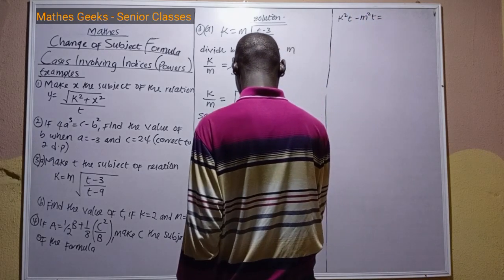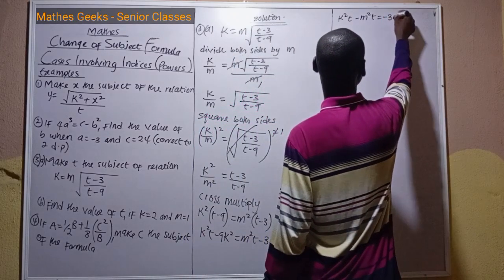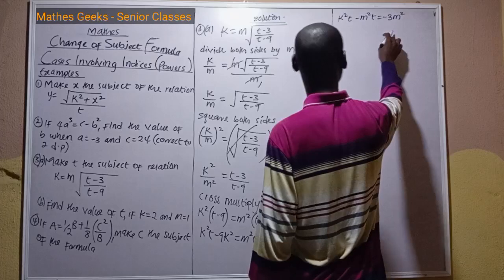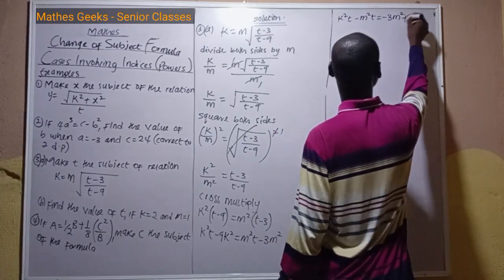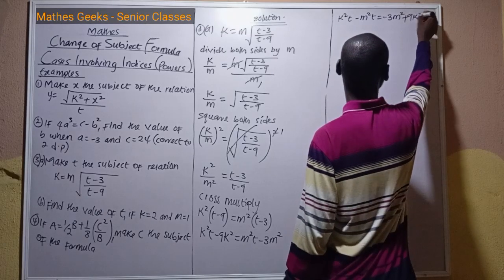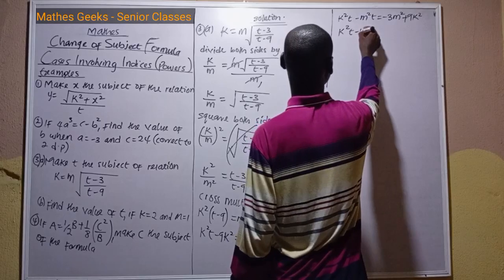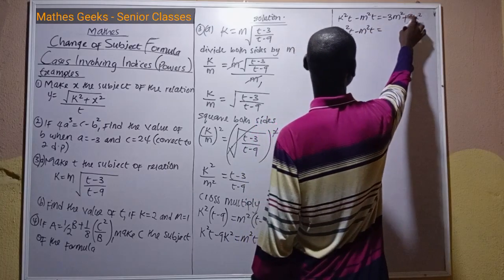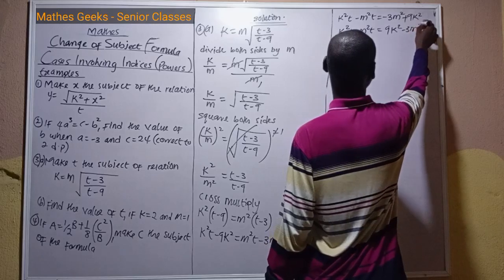And here will be minus 3n squared plus 9k squared. I'm going to write this part as k squared t minus n squared t, since it's positive, you can write it first: 9k squared minus 3n squared.